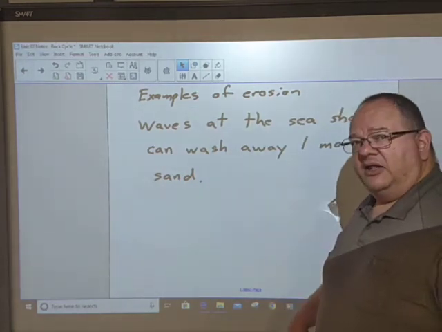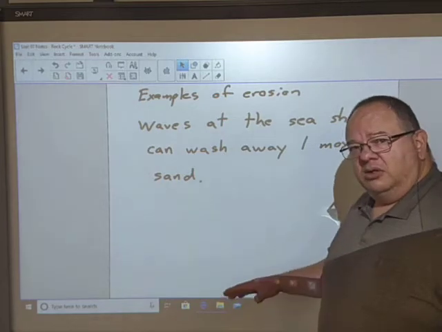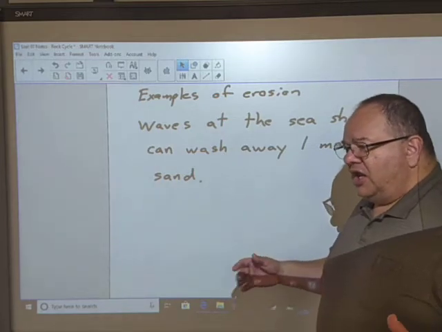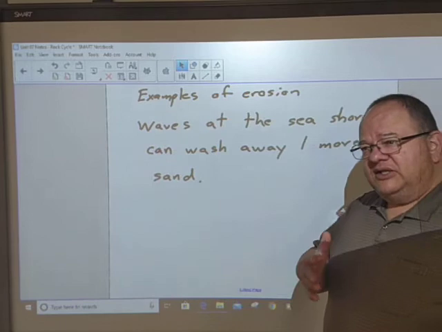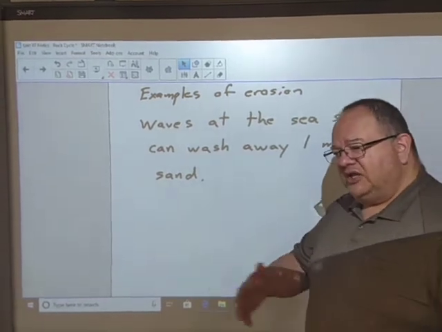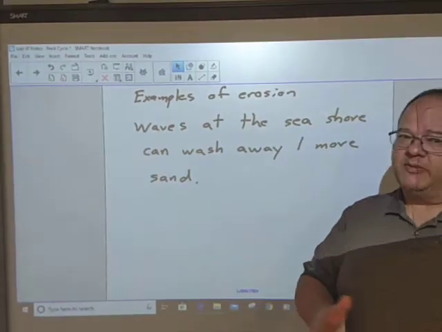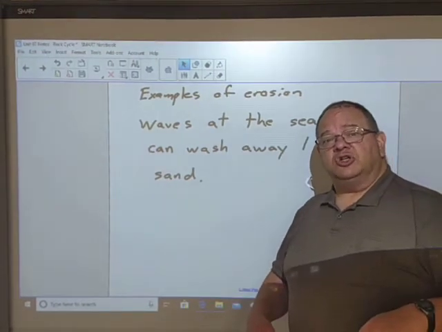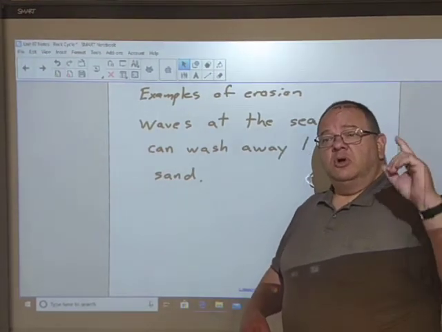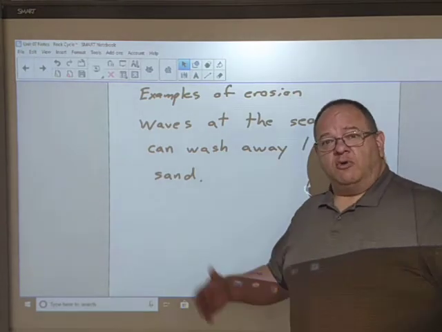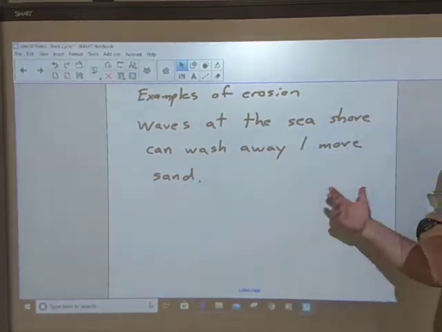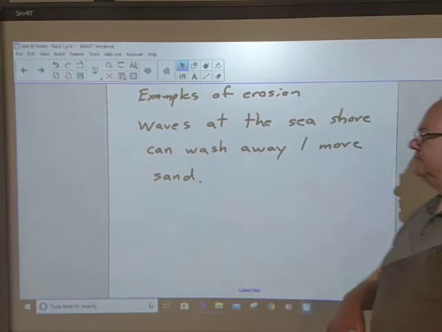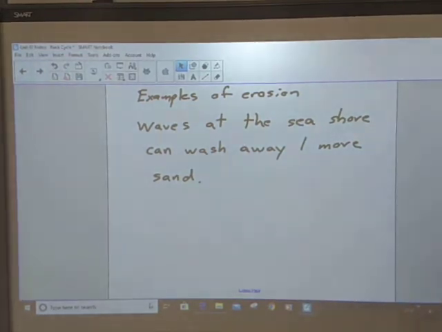And if you come back at a later time, there's no sand, just jagged rock. And it's because the water on a daily basis moves the sand in and moves the sand back out. Now you might think there's probably a lot of abrasion happening in the background too when the sand is being moved back and forth every day. So weathering and erosion work together. The movement creates more weathering.